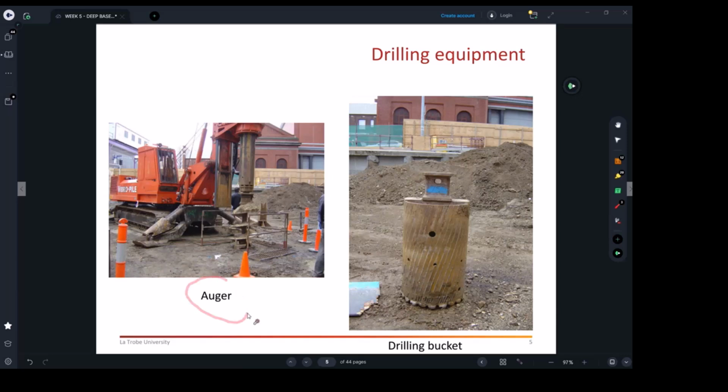All right, so the auger is part of the excavator, and it will simply dig into the ground. If you have a clay, or a bit of rock, you will be able to use it straight away. But if you have a sand layer, you need a bigger hole, about 1 meter diameter.